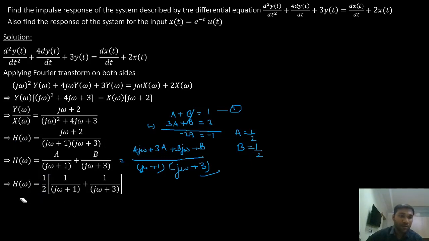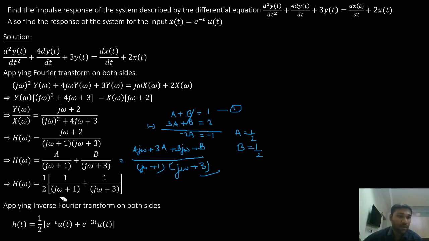Now I'll apply inverse Fourier transform on both sides. If I apply inverse Fourier transform on both sides, what will happen? The inverse Fourier transform of H of omega is h of t, and 1 by 2 is a constant, so I'm writing it as it is. And the inverse Fourier transform of 1 by (j omega plus 1) is nothing but e power minus t into u of t, right?